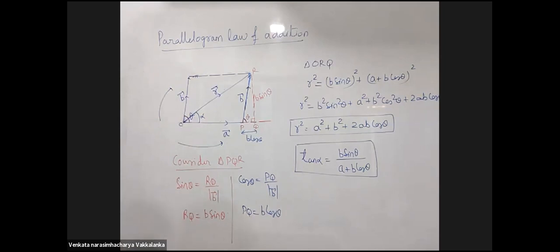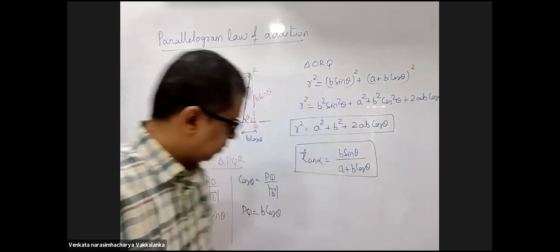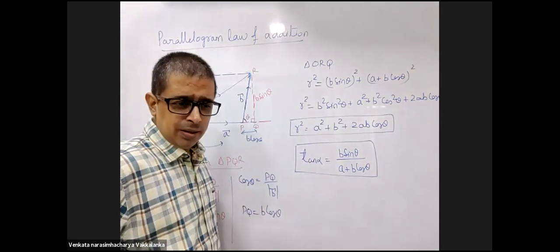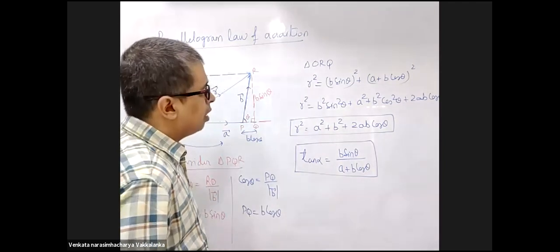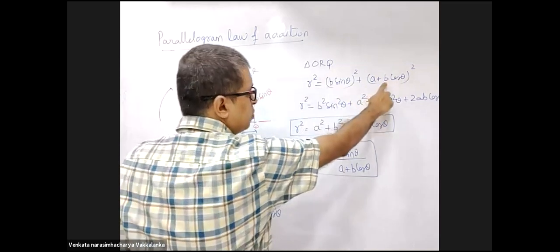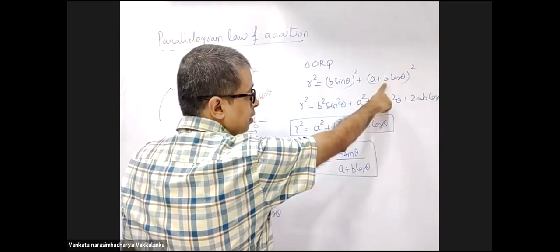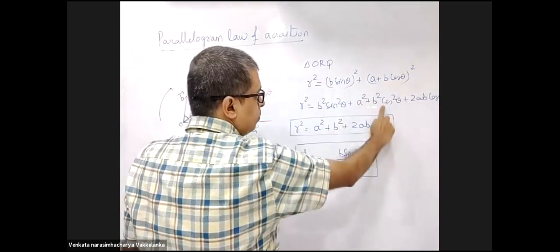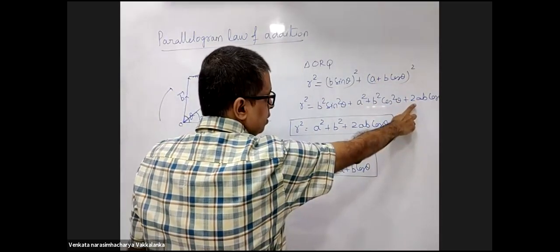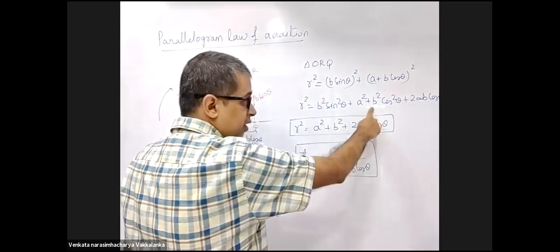Done, sir. Sir, can you explain the simplification again? Simplification means from that R square, from the first to the last. A plus B whole square is A square plus B square cos square theta plus 2AB cos theta. This step, is it clear?